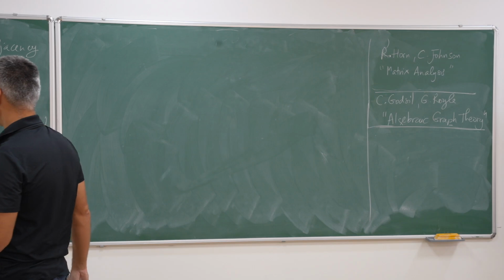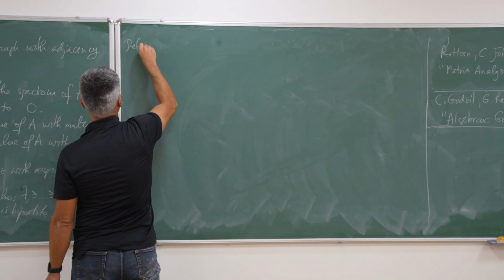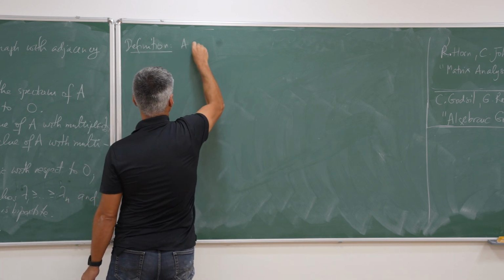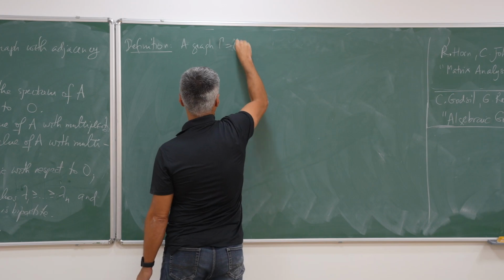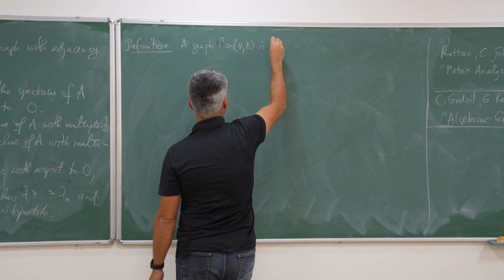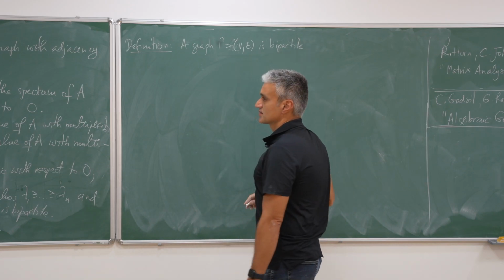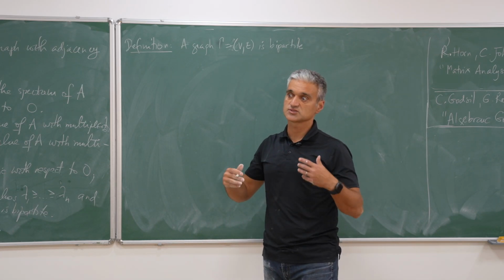Okay. So let me tell you first the definition. What do I mean by bipartite? Just to avoid trivialities, bipartite will apply to a graph that has at least one edge.